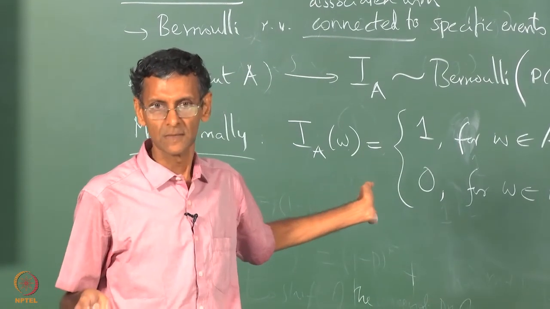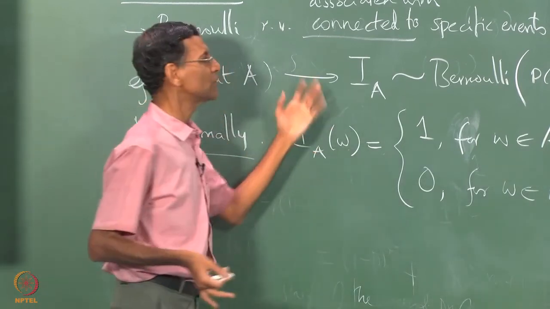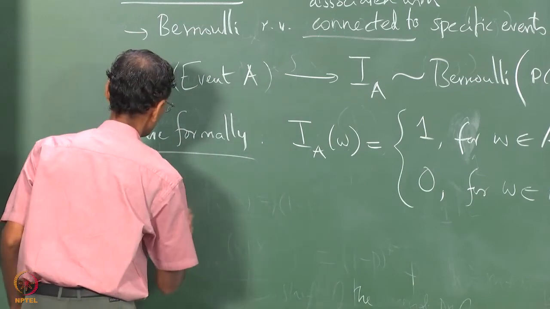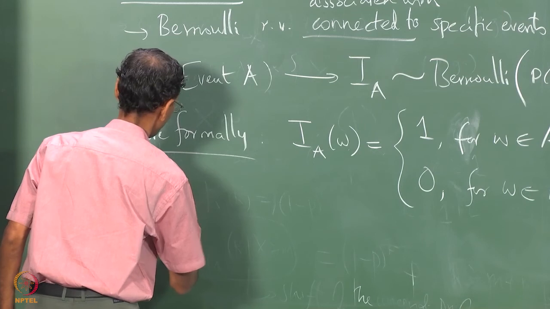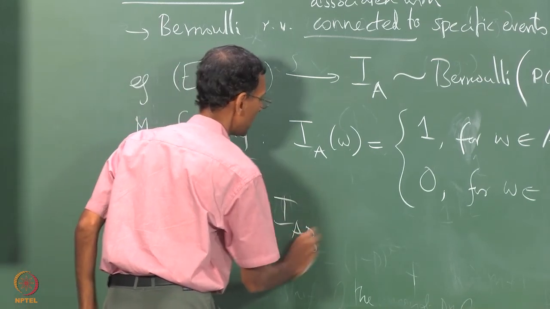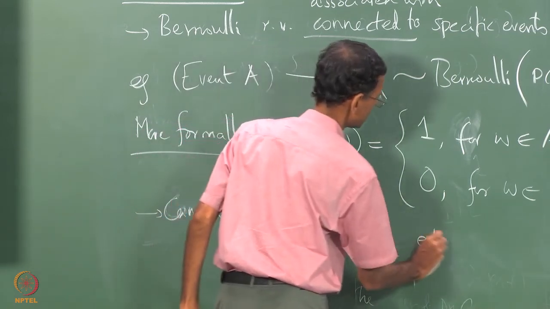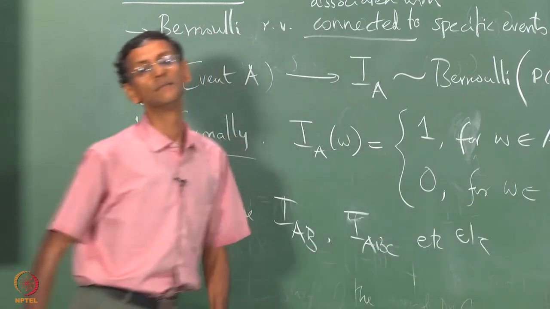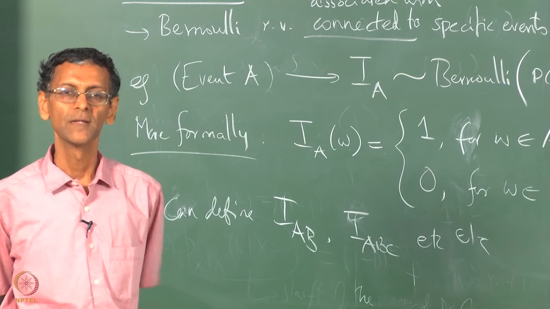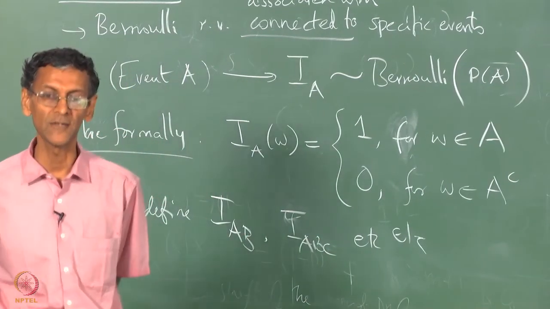You can define indicators for any event you want, IAB, IABC, etc., that is the power of the indicator, that they can be defined for just about any event you wish.